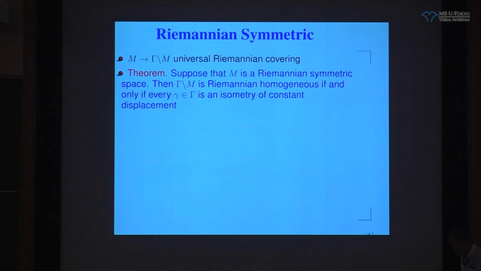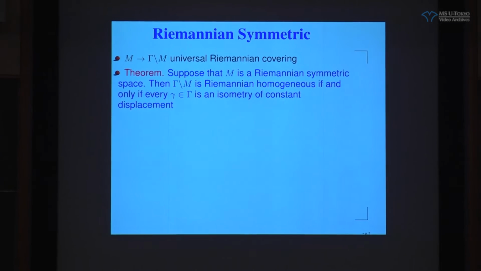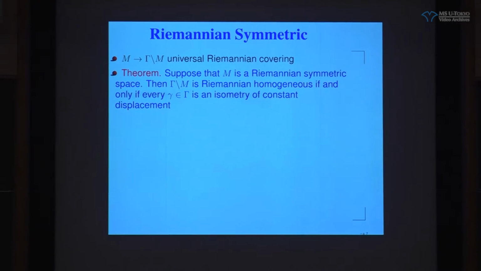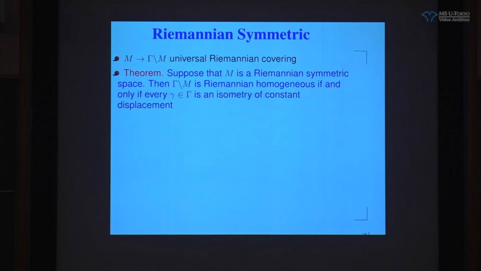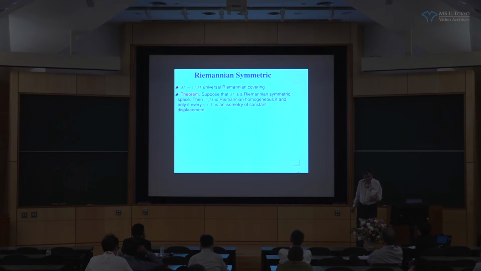So we have to figure out what are the isometries of constant displacement. Well, as I mentioned using de Rham's theorem, you can reduce to the case where M is either a Euclidean space or a so-called irreducible symmetric space.